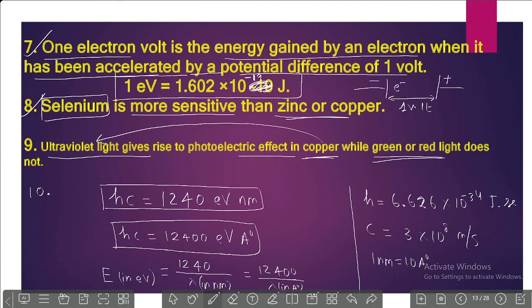So this is what you have to remember, the important notes about the photoelectric effect: which materials give photo emission for which type of radiation, what is 1 electron volt, and how to find energy if wavelength is given in angstrom or nanometer. Clear idea?